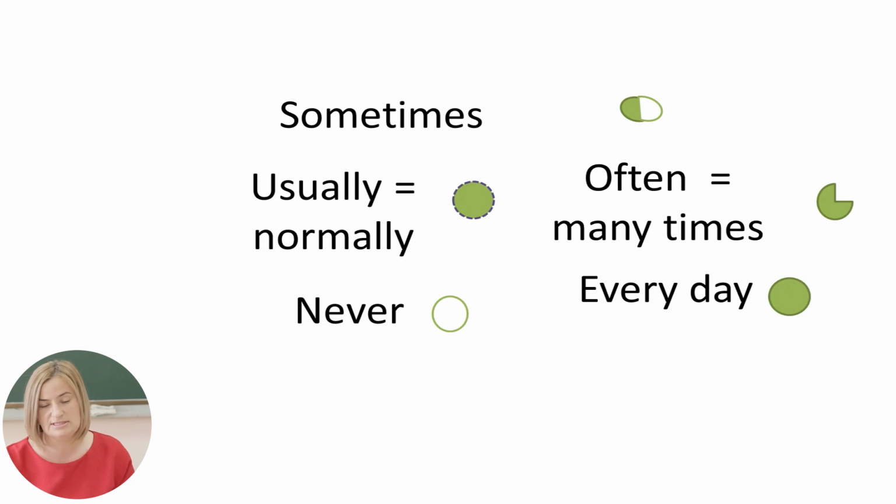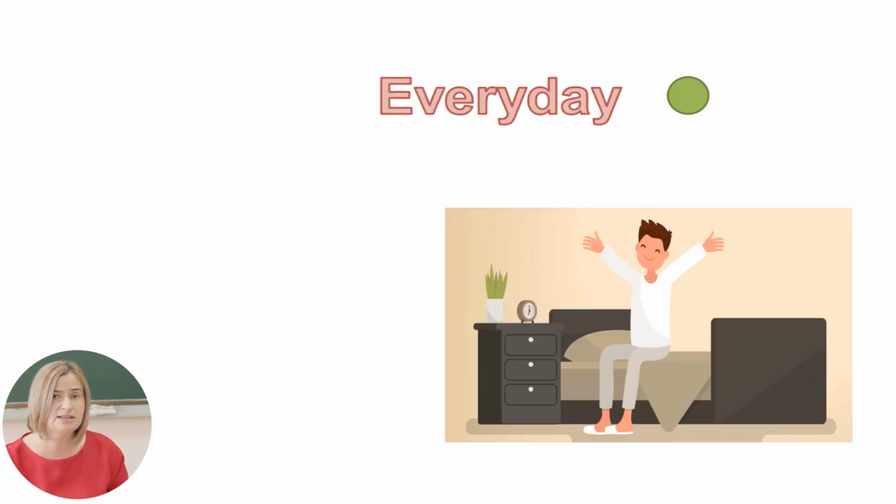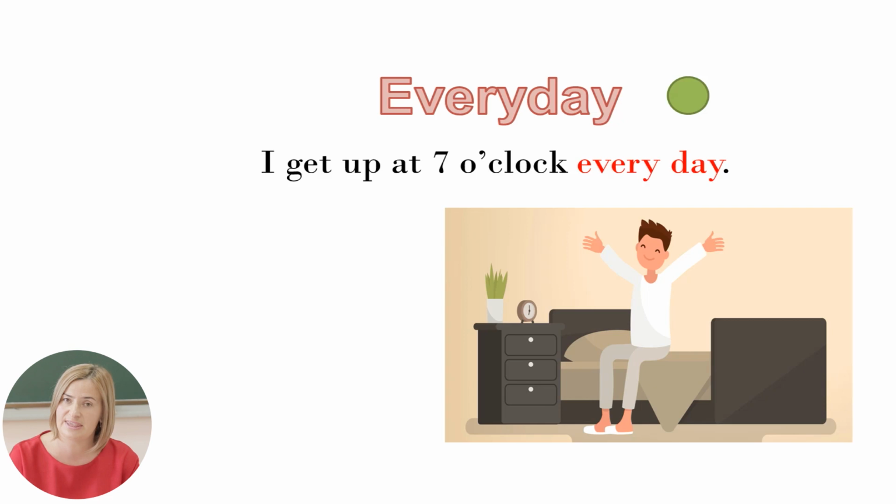And those words are mostly used at the beginning or at the end of the sentence, with some exceptions. So, get ready to remember. For example, every day. We can use every day to express how frequently we do things, either at the beginning or at the end of the sentence.